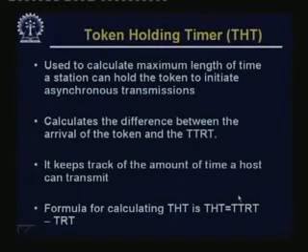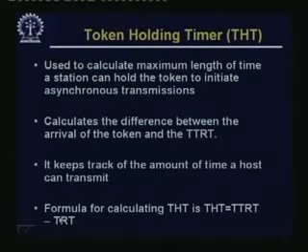There is a token holding time, THT. THT is equal to TTRT minus TRT. It is used to calculate the maximum length of time a station can hold the token to initiate asynchronous transmission. The point is that there is a target time and there is an actual measured time by which the token has come back.